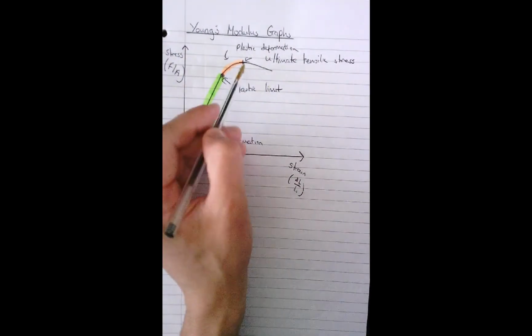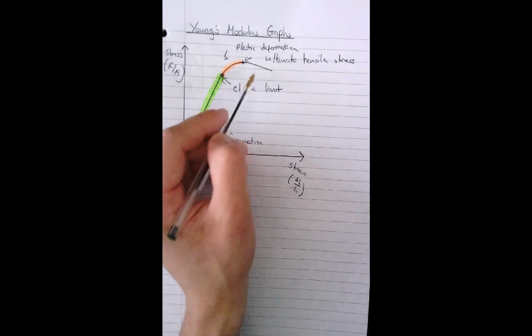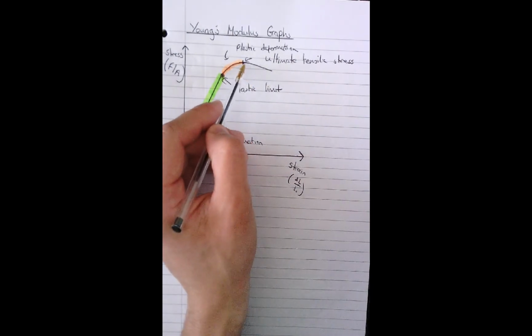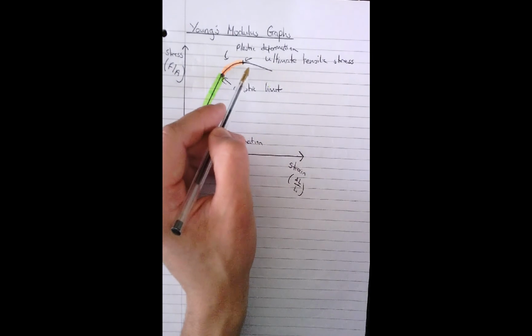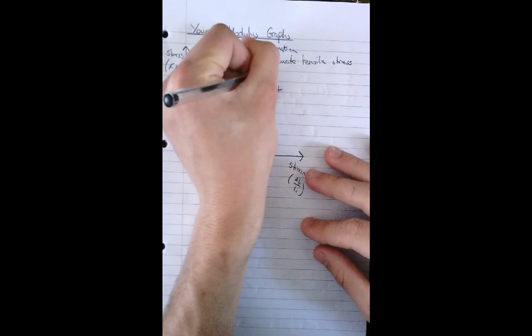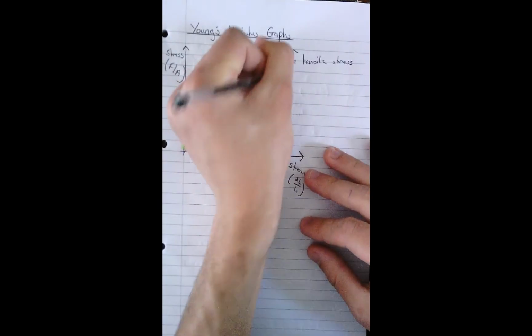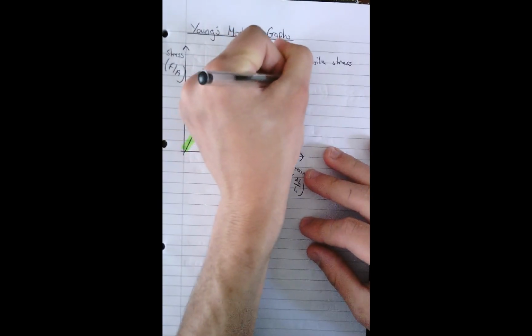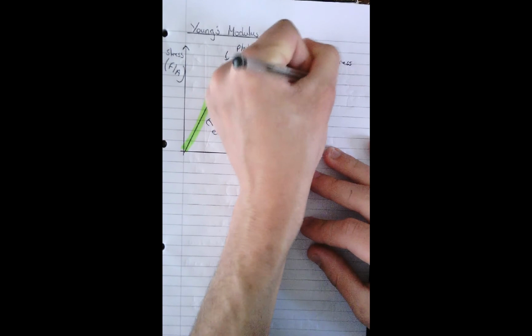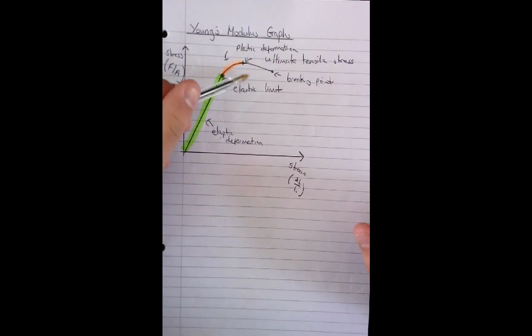This next section of the graph, after this point of ultimate tensile stress, is quite an interesting one. And this gets us to here, the end of this graph. This is the breaking point of the material. So that's the point at which the material breaks.